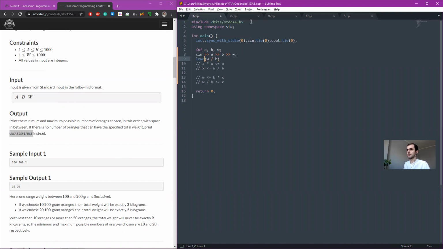So the lower bound is W over B, the upper bound is W over A. But here, we want to round down. This is exactly what integer division does. But here, we in fact want to round up. And for this purpose, we're going to use this trick.